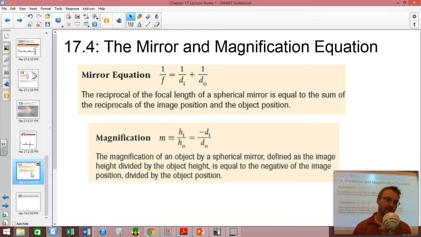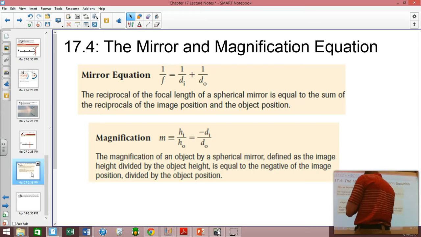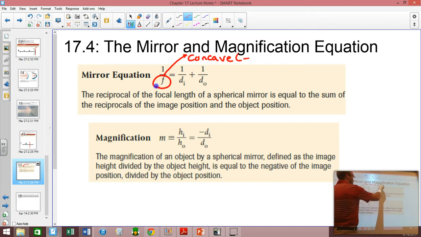The 2 equations that we're going to be utilizing today are the mirror equation, which is 1 over f equals 1 over do plus 1 over di. f stands for the focal length, and you have to be really careful: if it's concave, the focal length is negative, and if it's convex, it's positive.